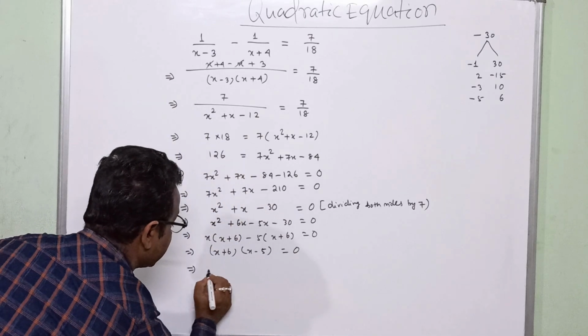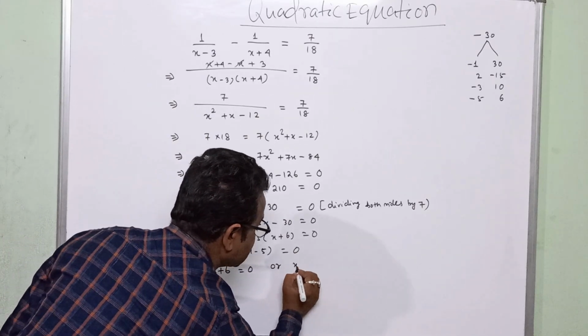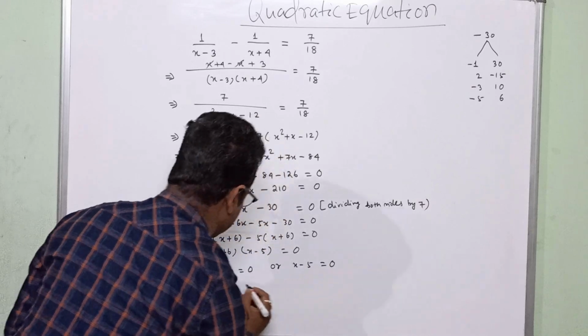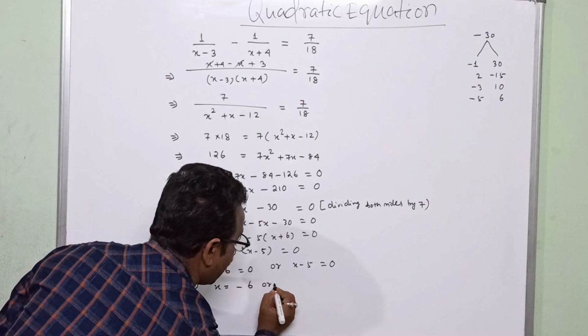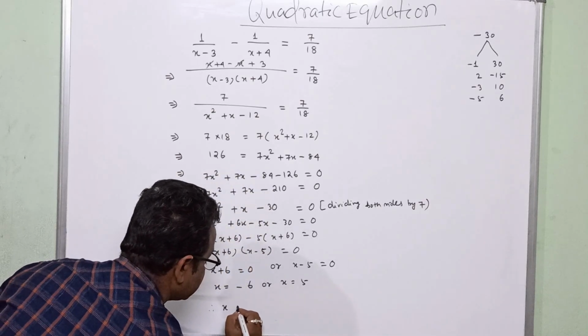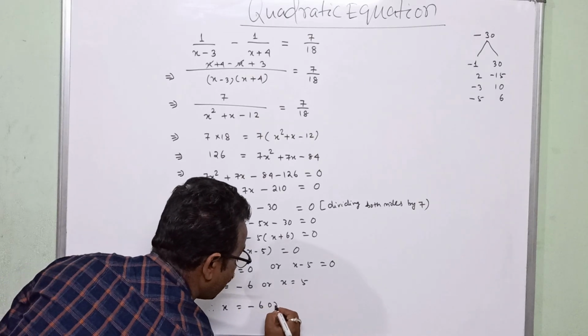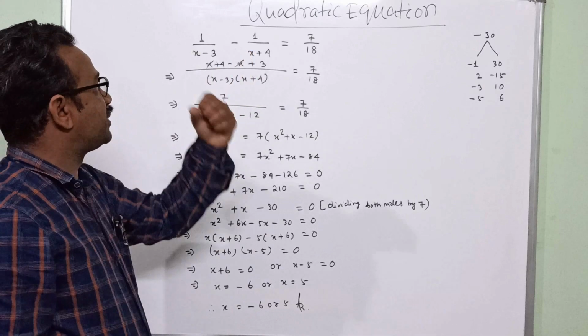That implies x = −6 or x = 5. Therefore, x = −6 or 5. This is the answer of the given question.